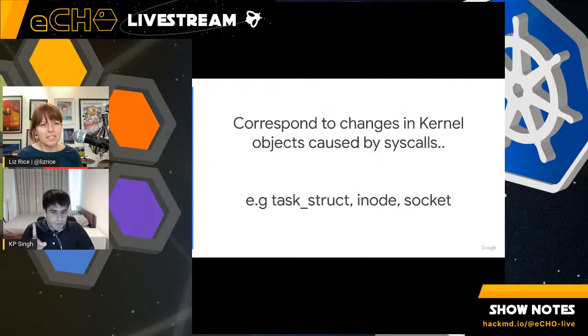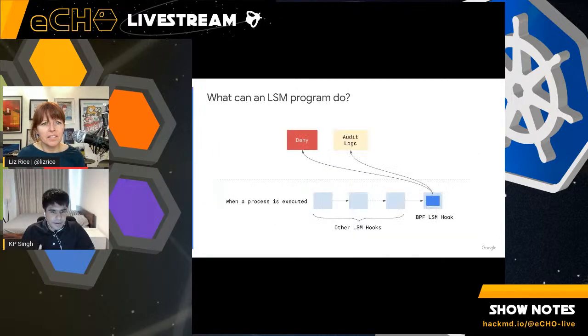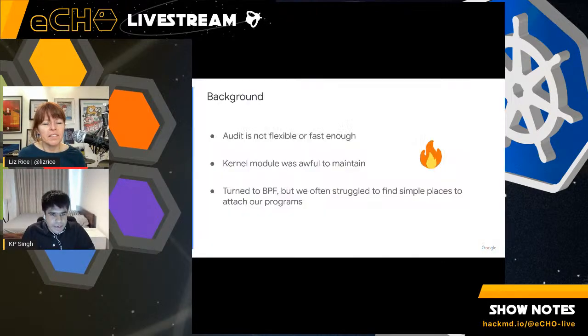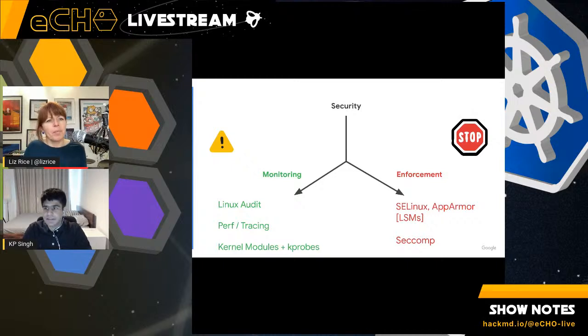I wanted to talk about this observe, detect, attack a little bit more, because I think this is something that, when we were building BPF LSM, was missing in the kernel. So the kernel has distinct APIs for observability, and there are these distinct technologies that you can use for enforcement, like SELinux and AppArmor, but they're completely separate.